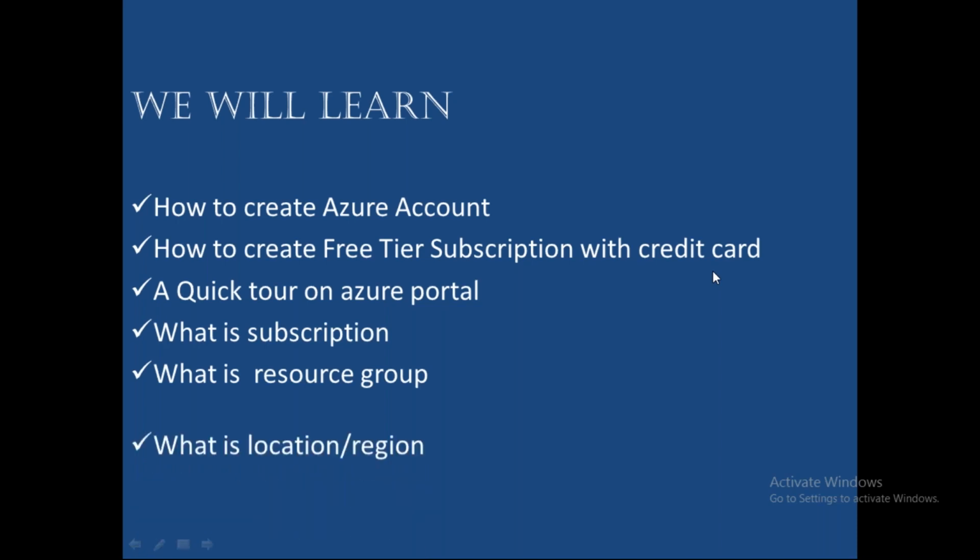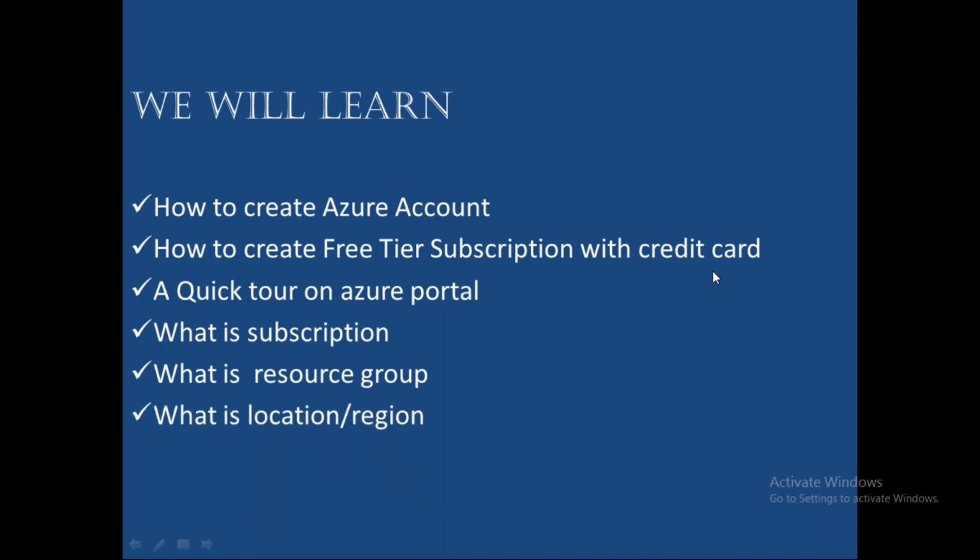Okay. Next, we will discuss what is a location or region, because these three are very, very important if you want to create any resource in an Azure account. If you want to create any service or resource in the Azure portal, you need to know what is a subscription, what is a resource group, what is a location or region.